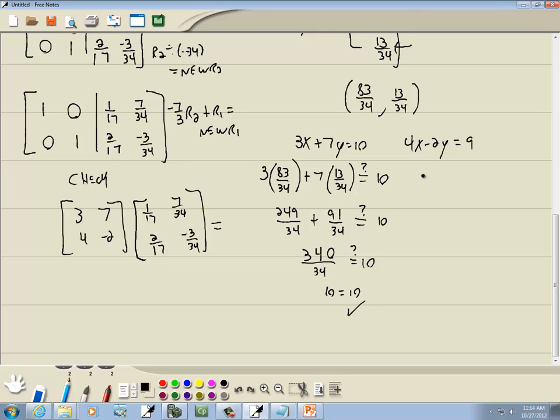Checks. Now if I put that in over here, I got 4 times 83/34 minus 2 times 13/34. I'm wondering if that equals 9. It gives us 332/34 minus 26/34.